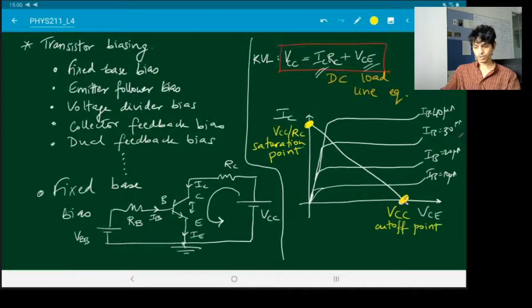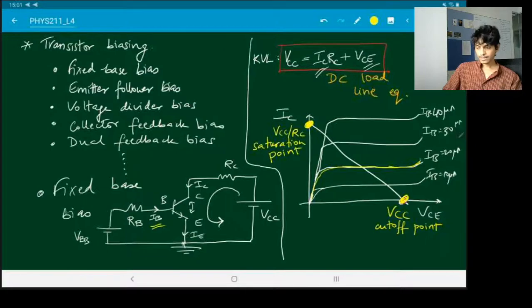Now, when you're doing an experiment of this sort, let's say you have built this circuit, you can adjust the value of VBB and RB to allow a certain amount of base current to pass through. So this IB is under your control. You can choose what IB you want. And on this graph, basically what that means is, suppose I have chosen my IB to be 20 microamperes, which is this curve.